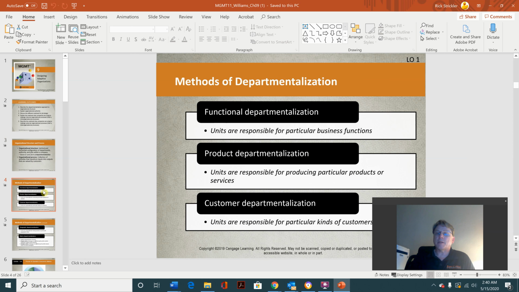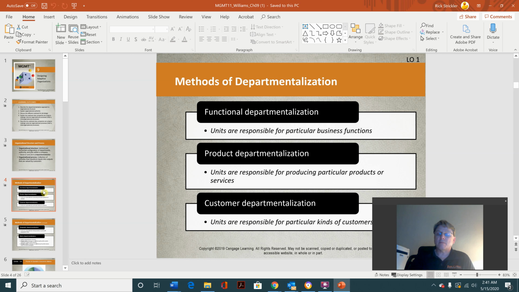So methods of departmentalization: functional, which means everyone's doing the same thing, accounting, marketing. Product departmentalization, where they're responsible for producing a particular product or service. And then you have customer departmentalization, units responsible for a particular kind of customer.